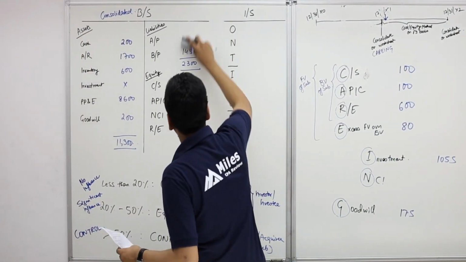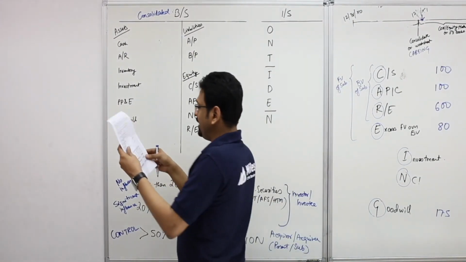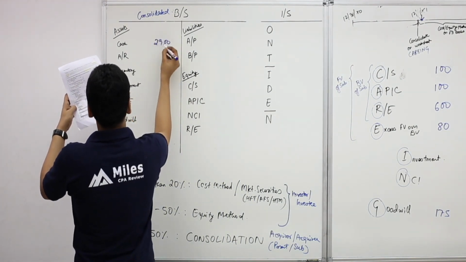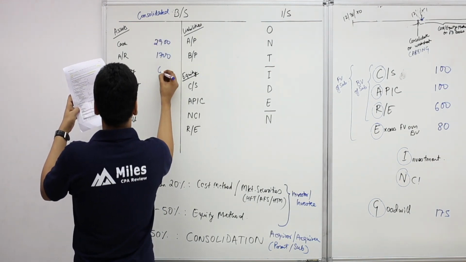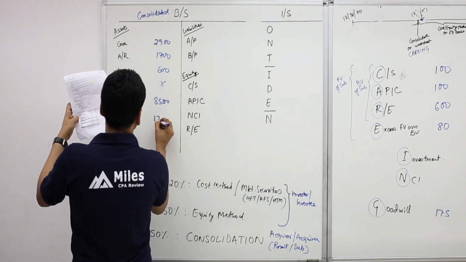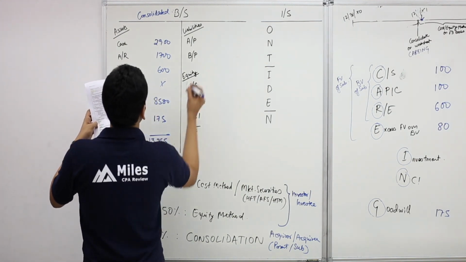So now these numbers are going to be different. So let me just quickly put it. It's a repeat exercise and happens very quickly. 2,900, 1,700, 600, no investment in myself, 8,580, 175 gives me a total of 13,955.